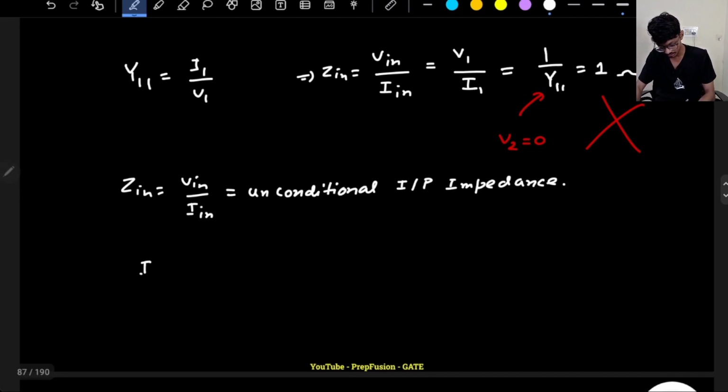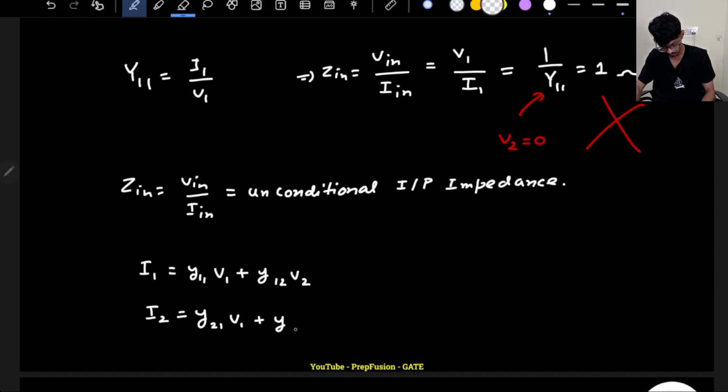I1 equals Y11 V1 plus Y12 V2, and I2 equals Y21 V1 plus Y22 V2.